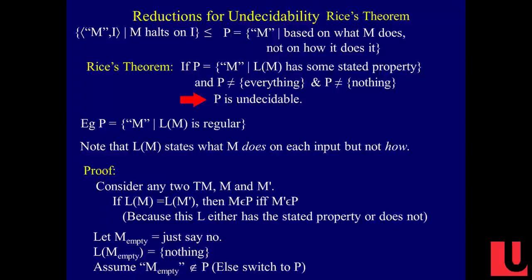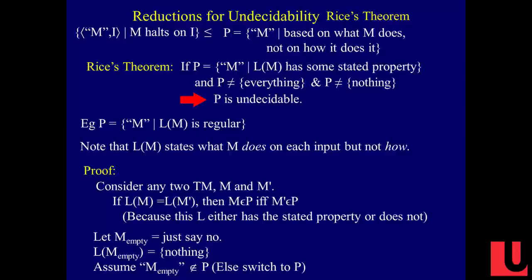So if you give this empty Turing machine to P, it could either say yes or no. But at this moment, there's sort of symmetry between yeses and nos, and we're going to just assume that P says no on this Turing machine. If it happens to say yes, the proof could be different. If we just switch the proof around, it's about the same.